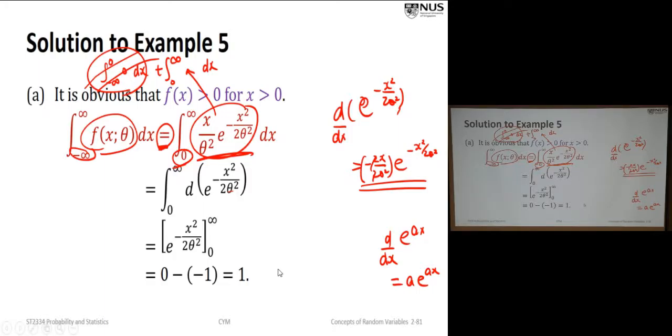There's a negative here. So substitute 0, it is minus 1. So it's minus 1.